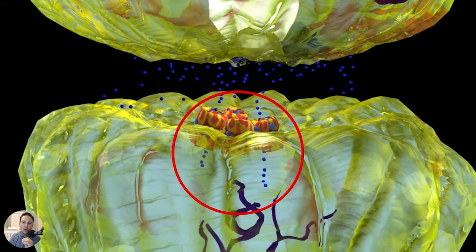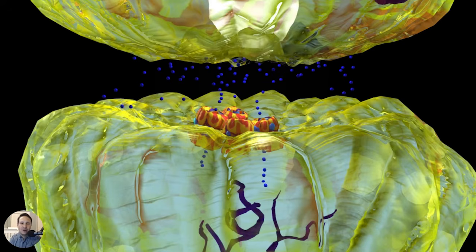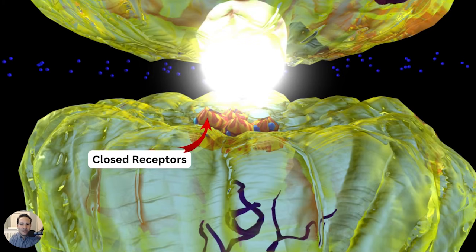As you can see here, chloride is flowing through the GABA receptor since it's open, and that makes the action potential just sit back and wait for its turn, like a good little polite impulse. It's just waiting for its turn. Now as you can see, when the receptor closes up again, remember, those receptors open and they close.